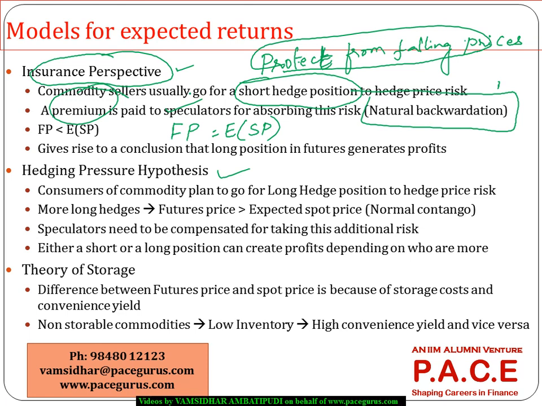Because of this, someone who wants to take a risk to give risk protection to this set of hedgers expects a premium out of the transaction. Which means the futures price cannot be exactly equal to the expected spot price. It has to be slightly more than the expected spot price.